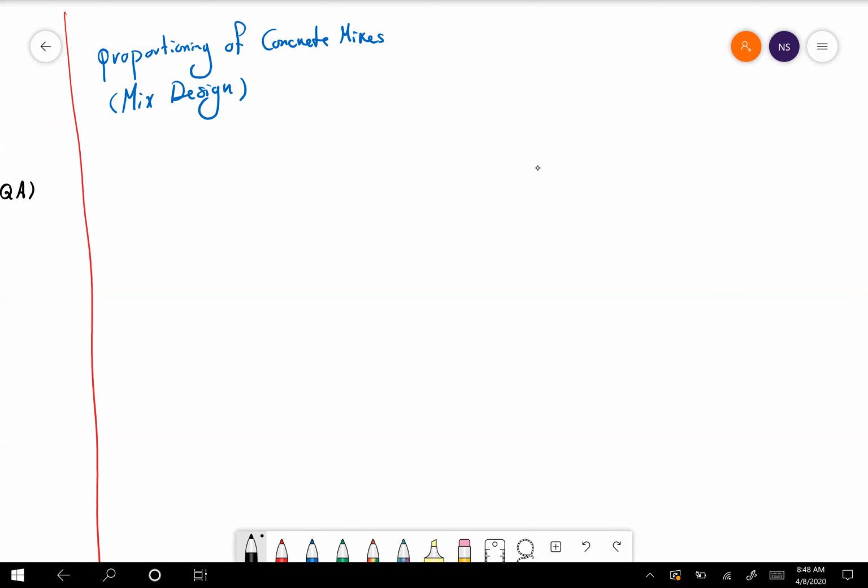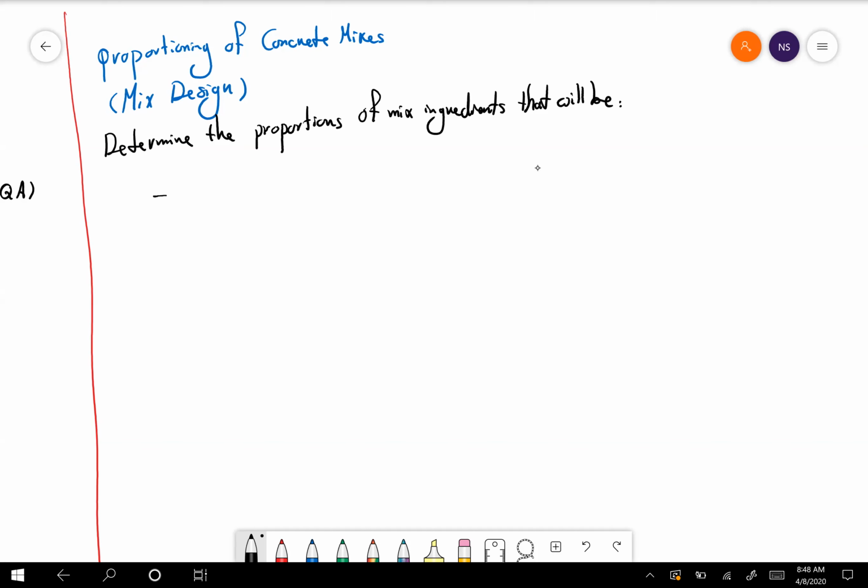So the goal of the mix design is to determine the proportions of mix ingredients that will be economical.